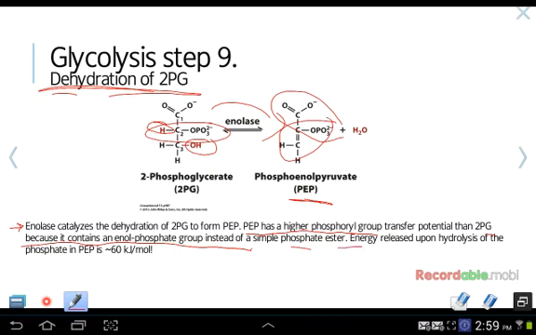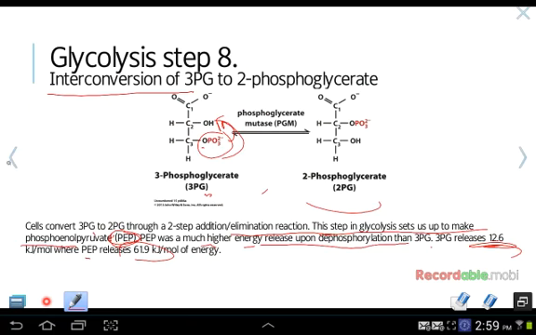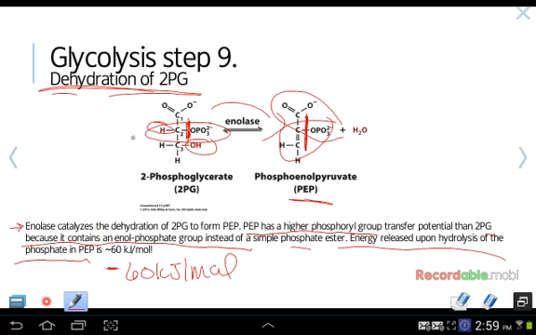So the energy released upon the hydrolysis of the phosphate in PEP is a total of negative 60 kilojoules per mole when we cleave this bond. If we had cleaved it here at this stage, we would only probably get about, I think it was around 12. So 12 versus 60.